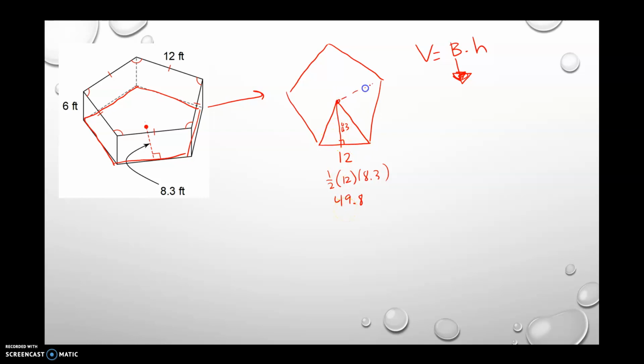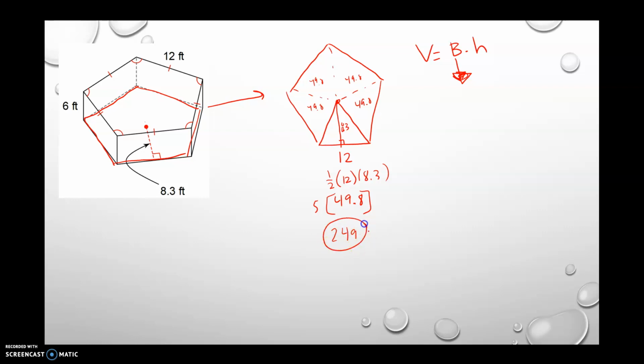But I have 5 triangles in here, which means this is 49.8, this is 49.8, and so on. So in other words, I'm going to take this 49.8 and I'm going to multiply him by 5. And that's going to give me 249.